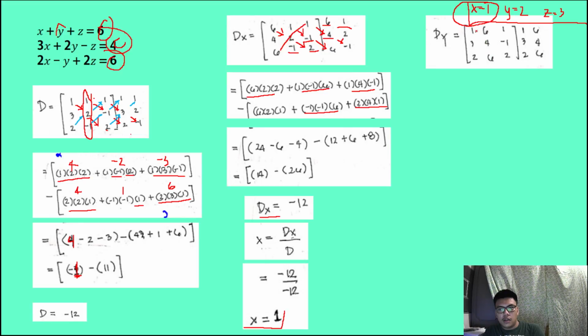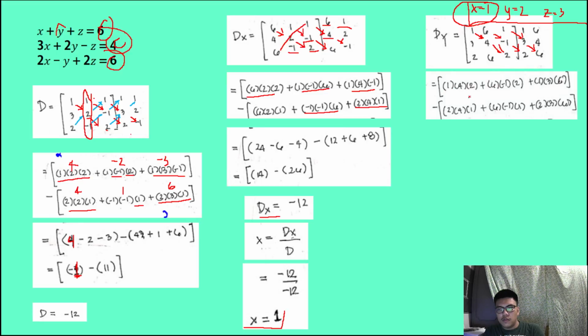Pinalitan natin. Then rewrite again the first two columns, then draw the diagonals, ano? Para hindi ka malito. Kung kaya mo naman na hindi dinodraw, okay lang din. Okay? So diagonals downward, so 1, 4, 2, 6, negative 1, 2, yun, 1, 3, 6. Then, for the upward diagonal, so 2, 4, 1, ayun, 6, negative 1, 1, yun, tapos 2, 3, 6. So, then we simplify, 1, 4, 2, this is 8.